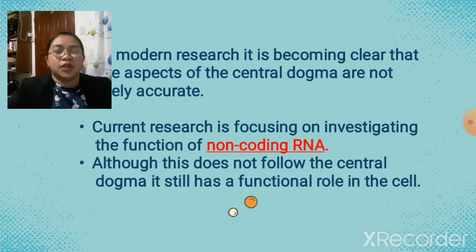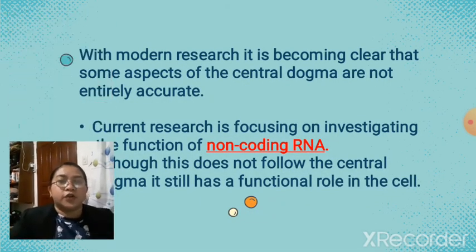So, my answer is that with modern research, it is becoming clear that some aspects of the central dogma are not entirely accurate. However, current research is now focusing on investigating the function of non-coding RNA. So when we say non-coding RNA, it is a functional RNA molecule that is transcribed from DNA, but it is not translated into a protein.